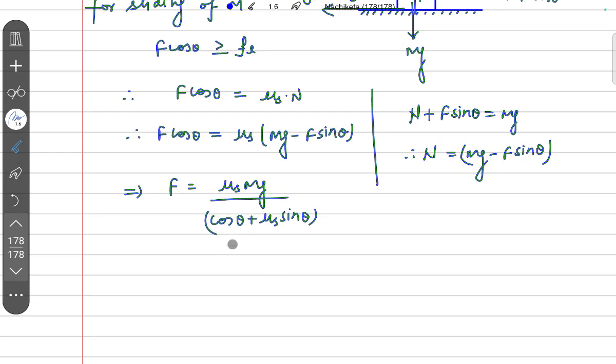So now this force is dependent on angle theta. Yes, calculate now.